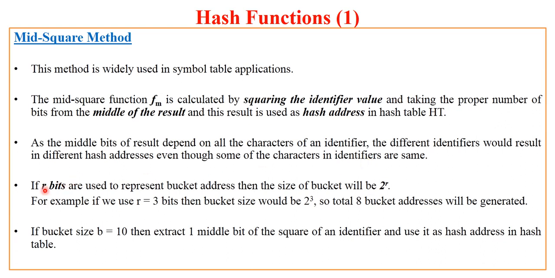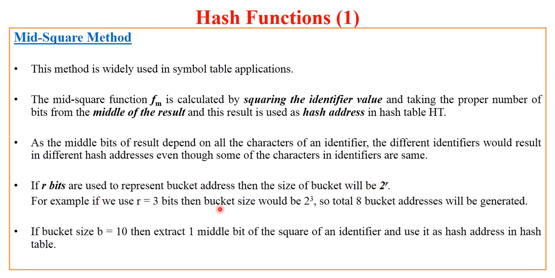Now assume that we have r bits to represent the bucket address, then there will be 2 raised to power r possible buckets, so the hash table will have 2 raised to power r buckets.